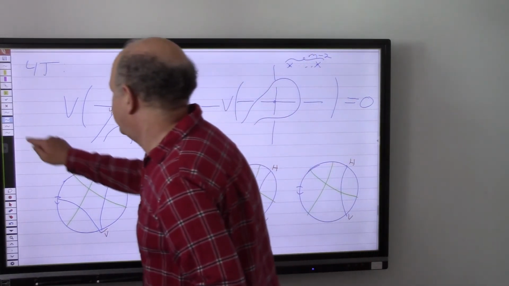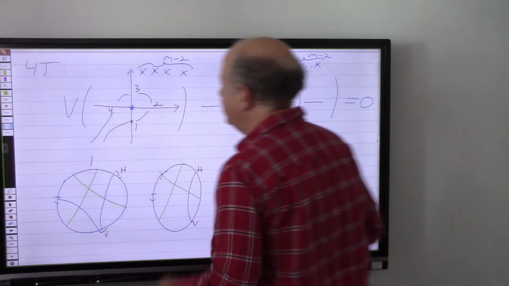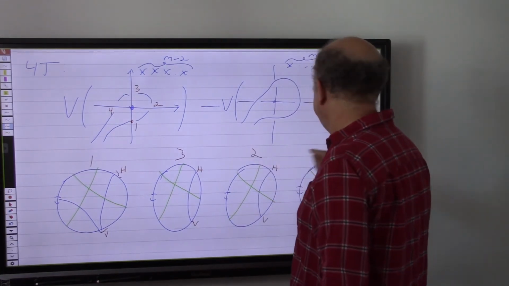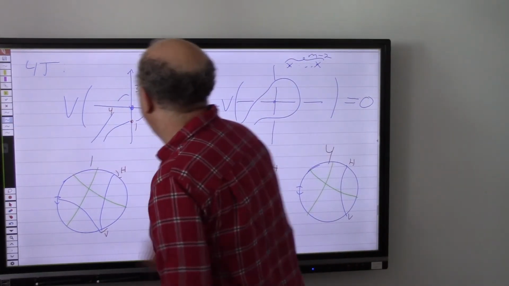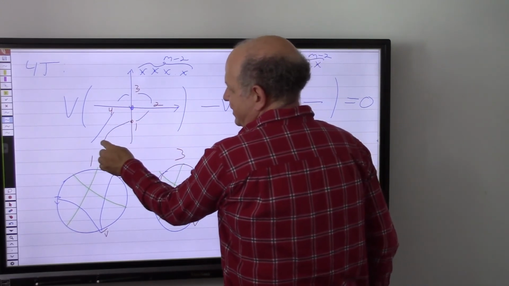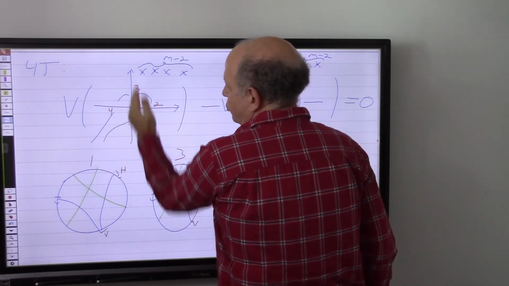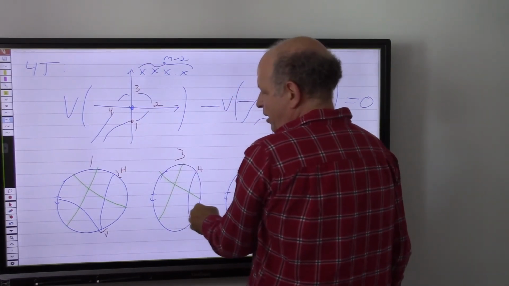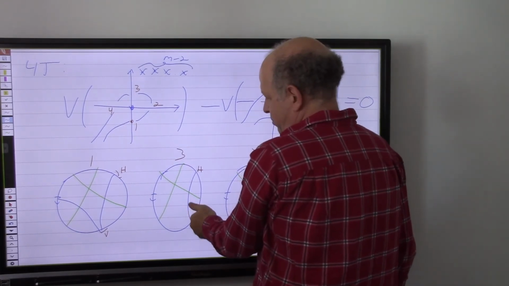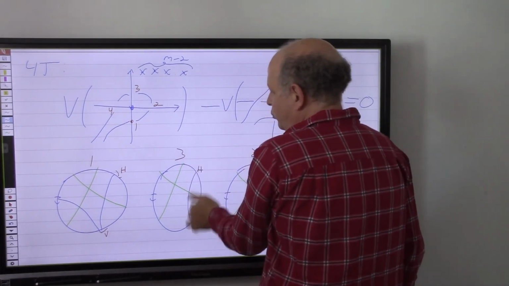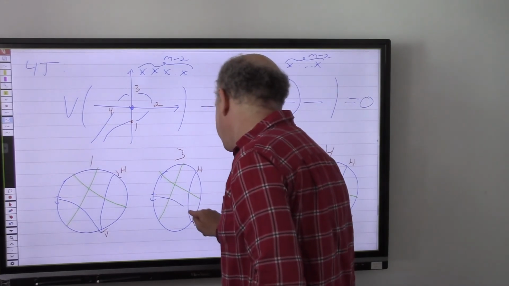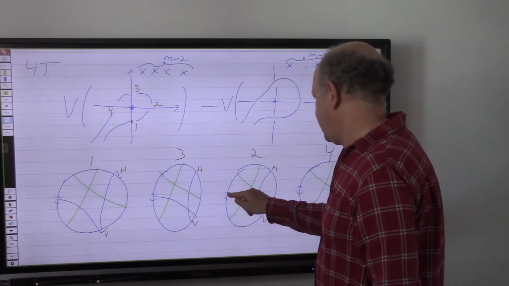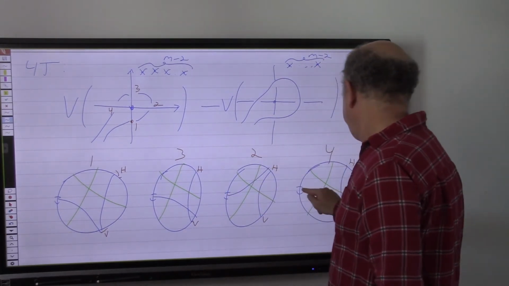So this is the picture corresponding to flip number 1. The picture corresponding to flip number 3 will be the same thing, except the chord from the lasso to the vertical strand ends right after the place where the vertical strand has the double point with the horizontal strand. So basically you'll have a picture like this. And similarly on the other side, you'll have this, and that.